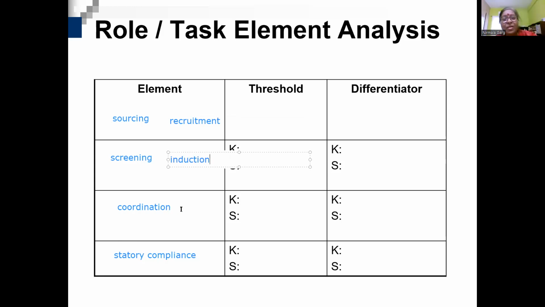Tell me, Nina, HR generalist. What else could I be doing? Performance management, compliance. I could also be doing R&R, payroll.